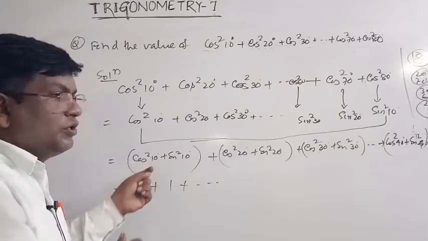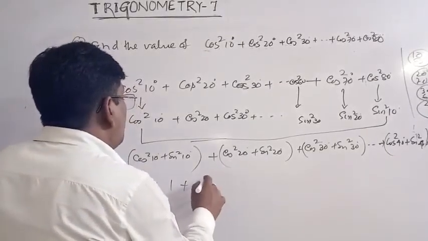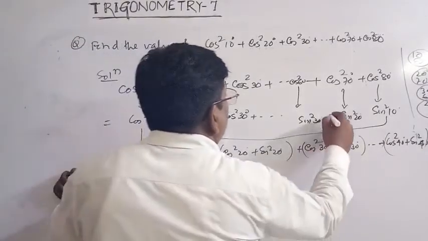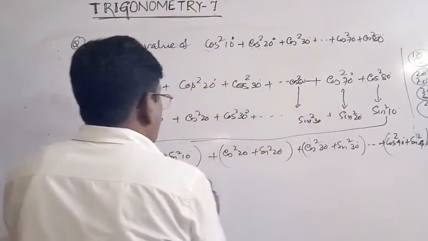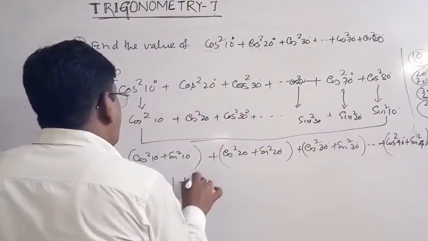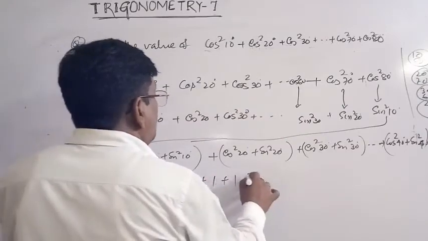Two combine, so the number of terms here is 1 plus 1 plus 1 plus 1, that is up to cos square 40. 4 ones is equal to 4.